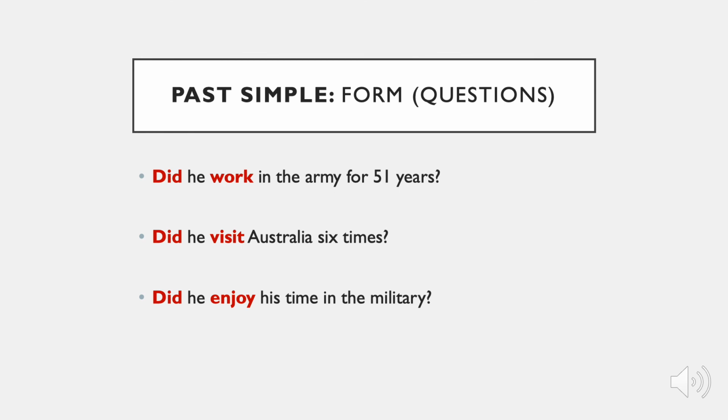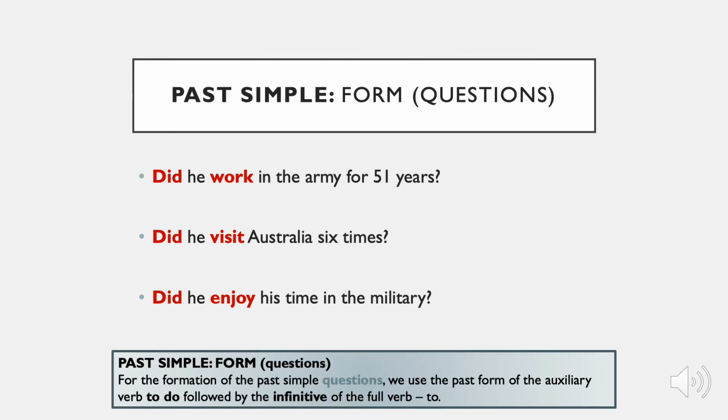How do you think we form the questions using the past simple? Very good. We use the past form of the auxiliary verb, het hulpwerkwoord to do, which is did, plus the infinitive of the full verb minus to. When forming questions, the auxiliary verb to do comes first.